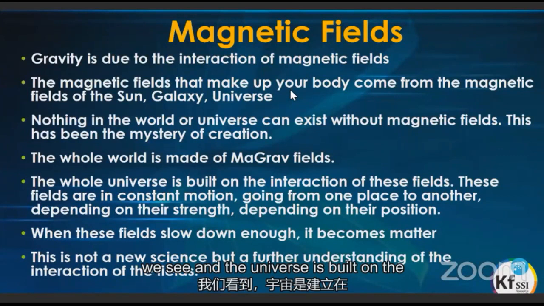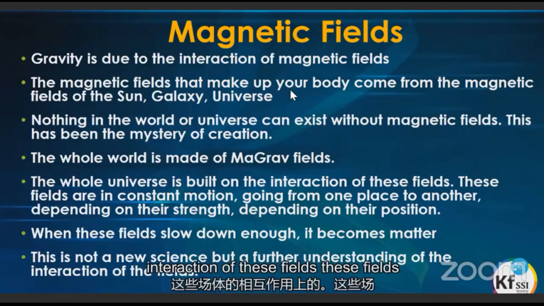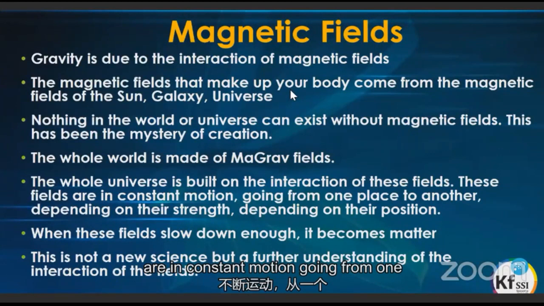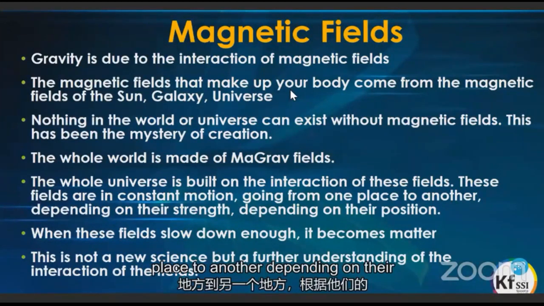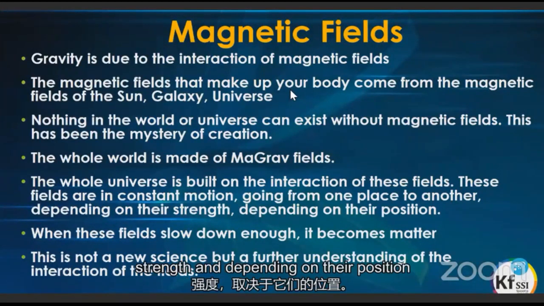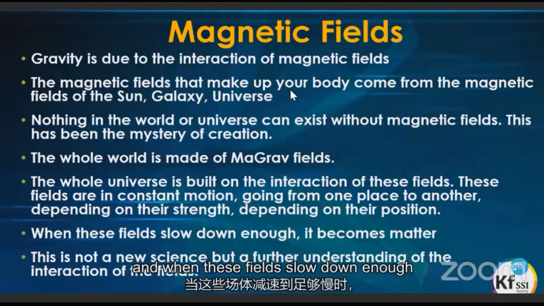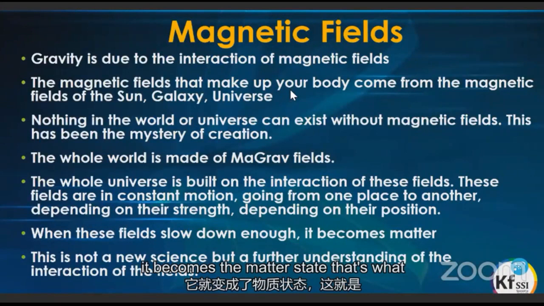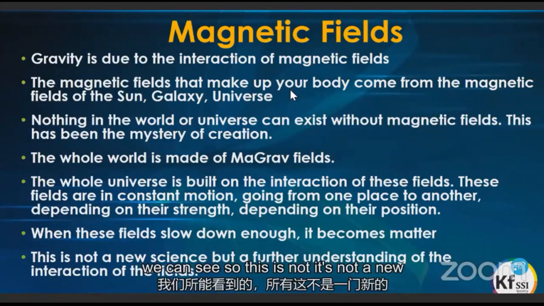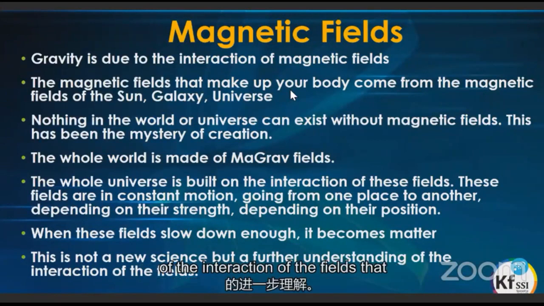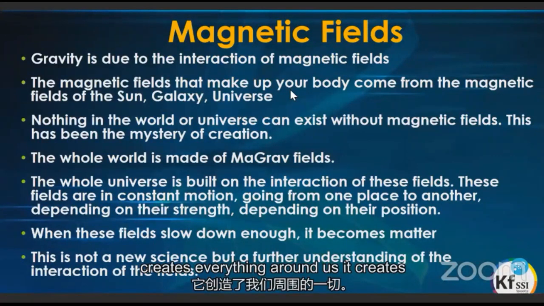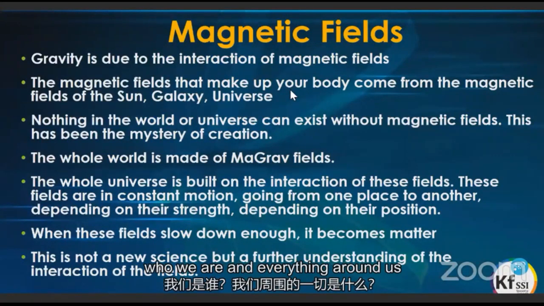And the universe is built on the interaction of these fields. These fields are in constant motion, going from one place to another, depending on their strength and depending on their position. And when these fields slow down enough, it becomes a matter state. That's what we can see. So this is not a new science, but just a further understanding of the interaction of the fields that creates everything around us, that creates who we are and everything around us.